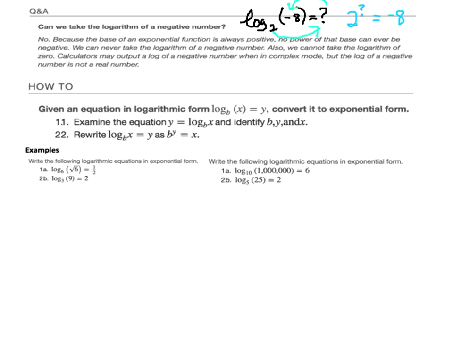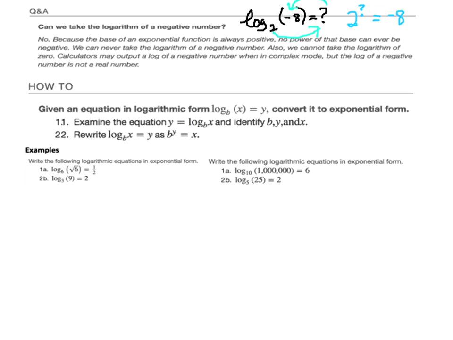Or 2 to the negative third power is equal to 1/8. It's not equal to negative 8. So the answer to that question is no, because a base of an exponential function is always positive. So no power of that base will ever result in a negative value. And I thought that was very important to point out to you.